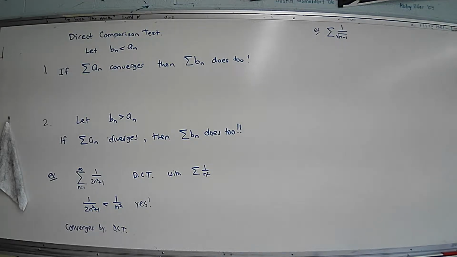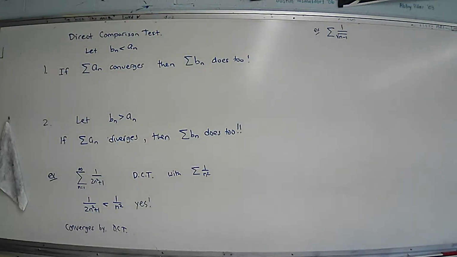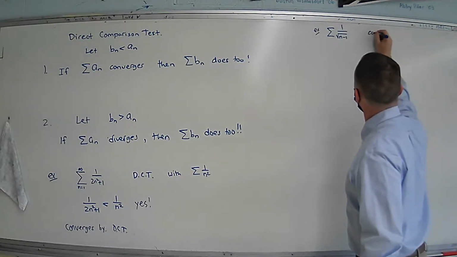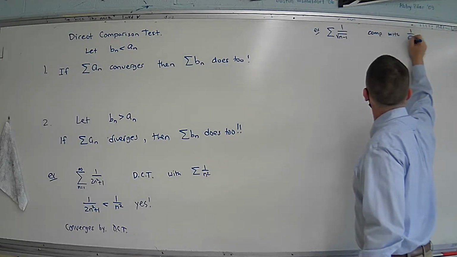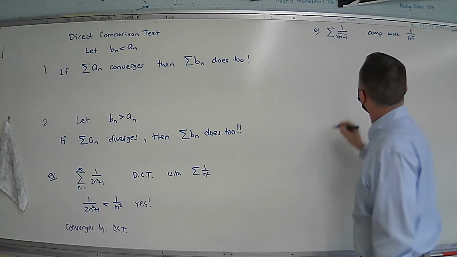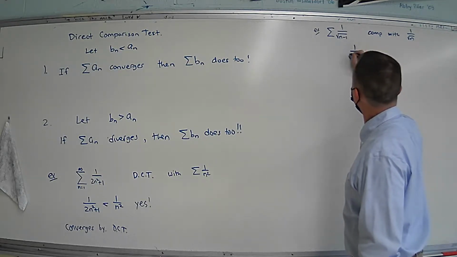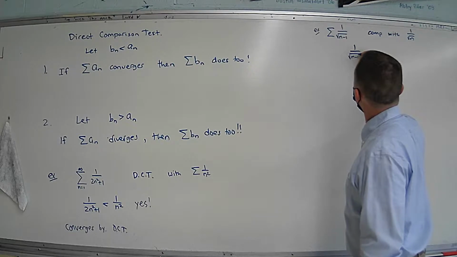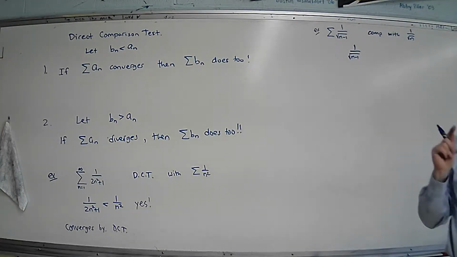Okay? All right, so what does this one look like? One over radical n. So we'll do a comparison with one over radical n. So I have to ask myself this question. What does one over radical n do first? It diverges.